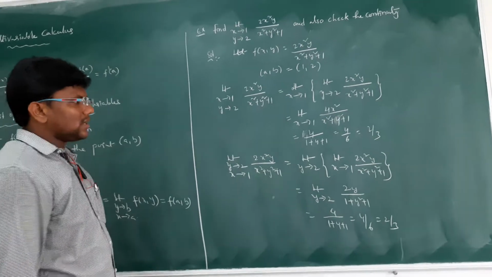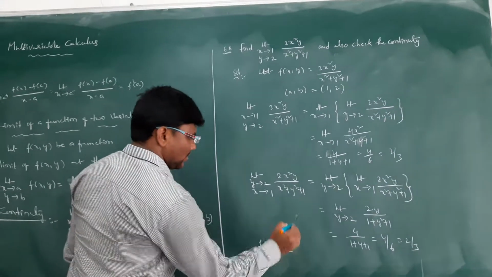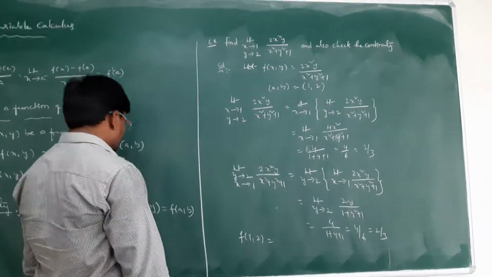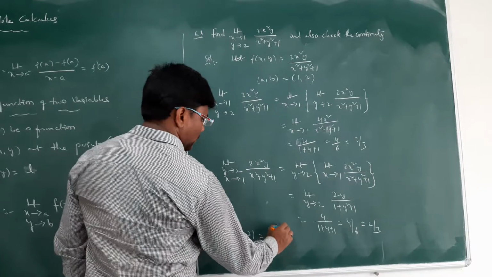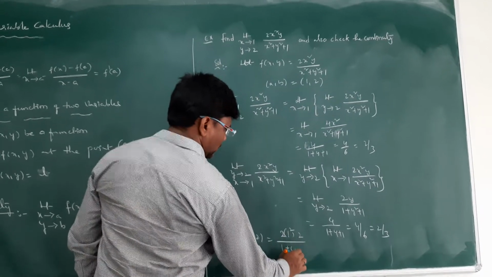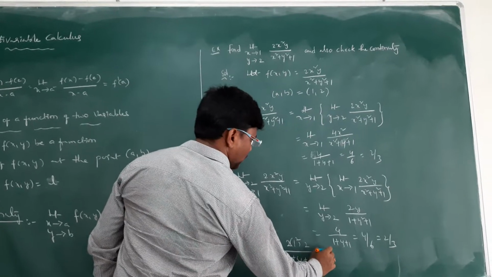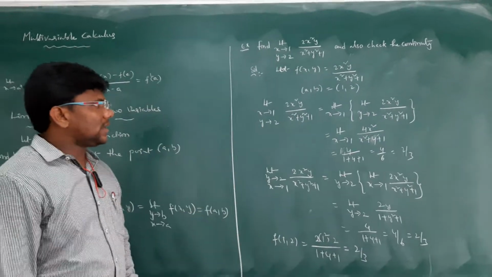And what is the functional value? The functional value is f of 1 comma 2 is equal to, substitute 2 into 1 square by 1 plus 2 square is 4 plus 1, that is again 4 by 6, again we get 2 by 3. All the three values are equal.